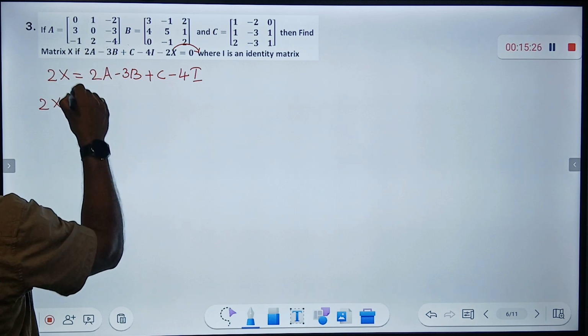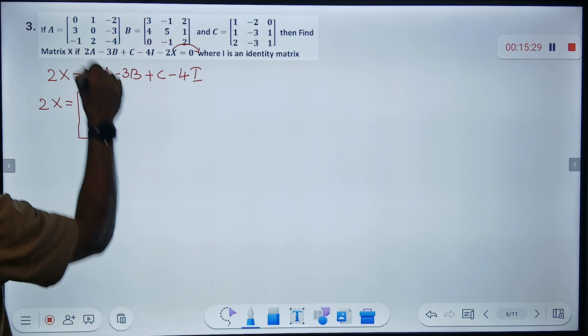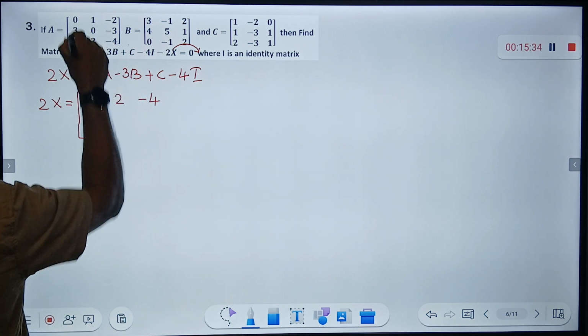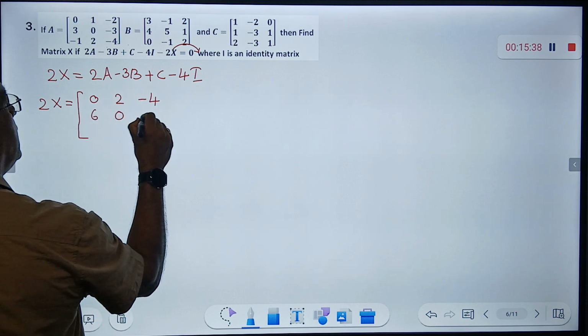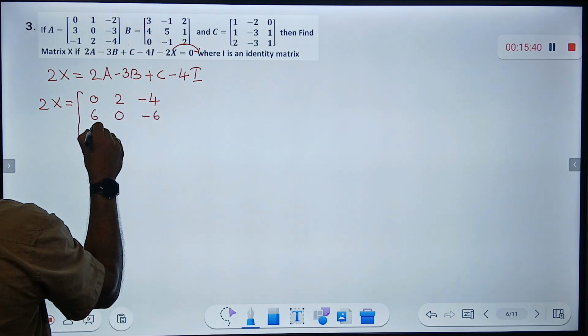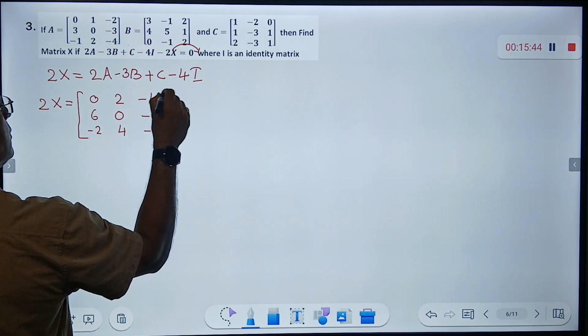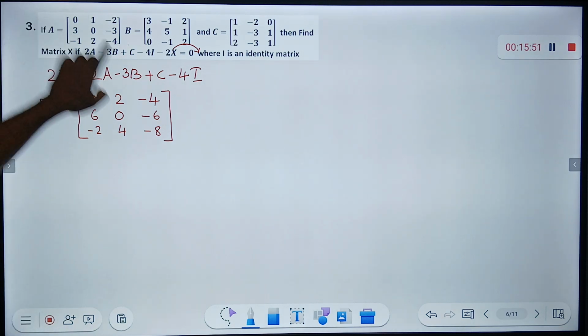Now what is 2x equal to? 2a. What is 2a? 0, 2, minus 4, 6, 0, minus 6, minus 2, 4, minus 8. Here my scalar is 2. Each and every element in matrix A is multiplied by 2. Now it is 3b.